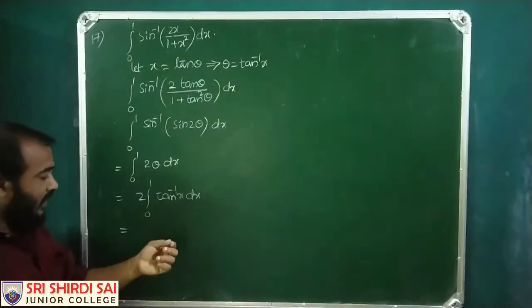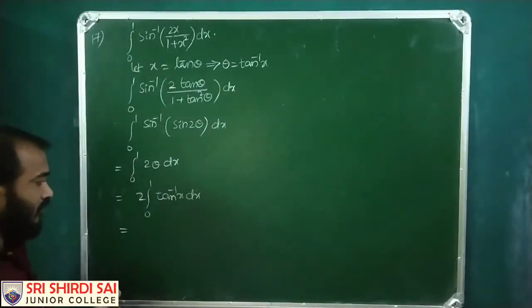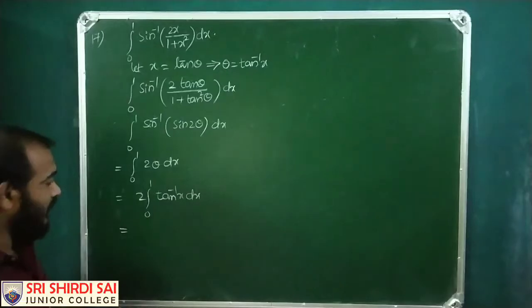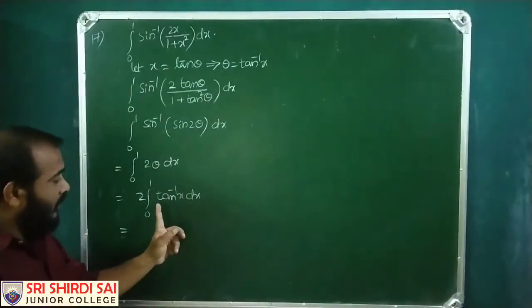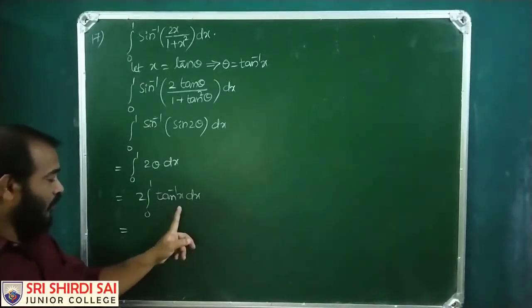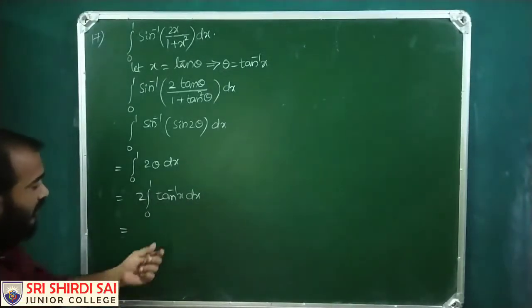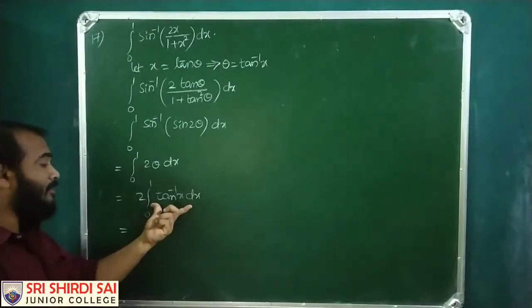So now we know how to deal with this problem. Directly, integral tan inverse x dx, we don't have a formula. So if I treat the second function as 1, then it is a product of two functions, and for that we have a formula. What is that? Integration by parts.